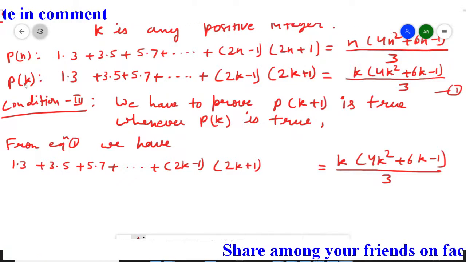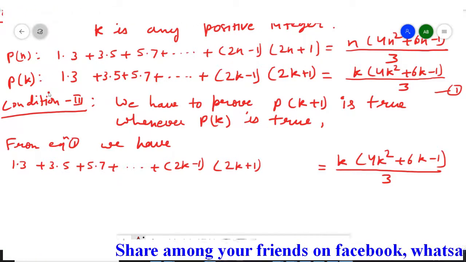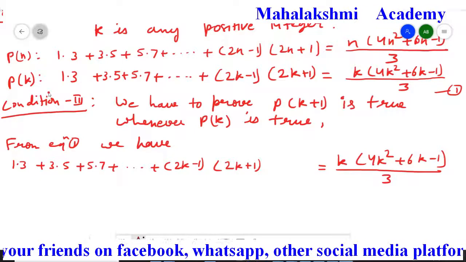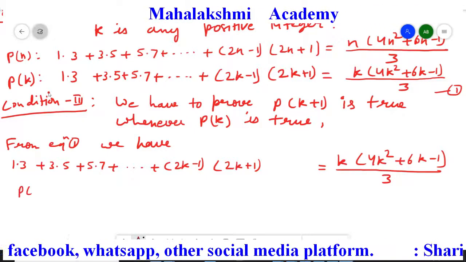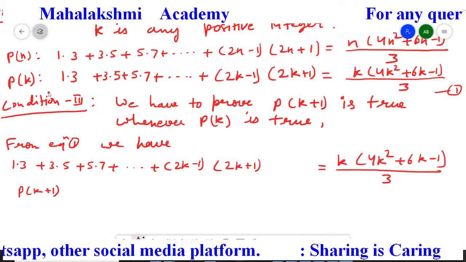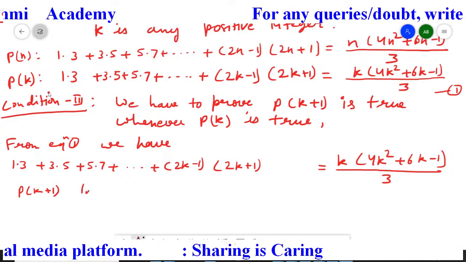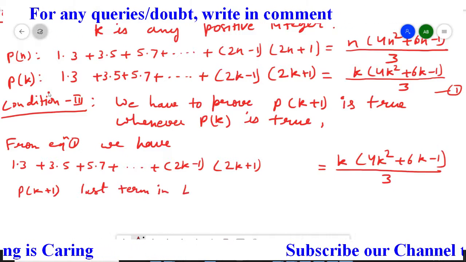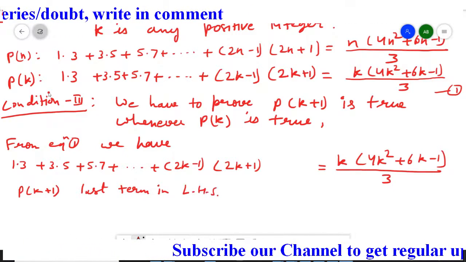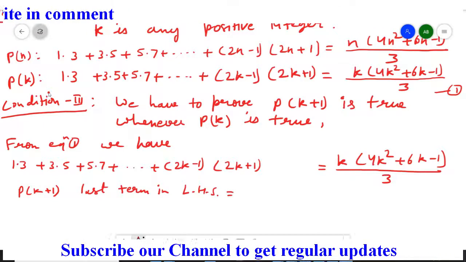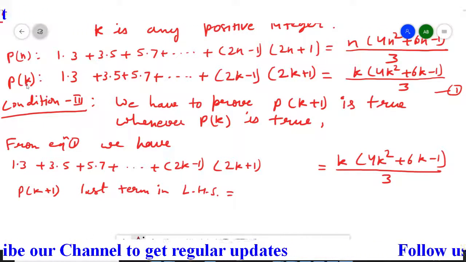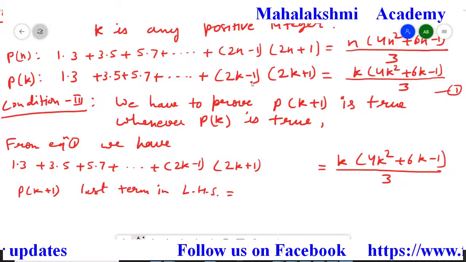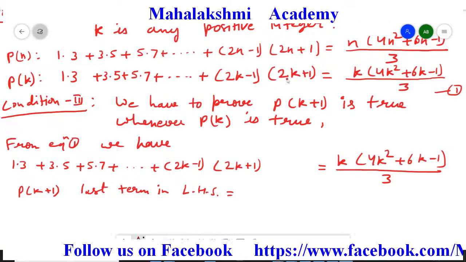So this is roughly what I'm explaining first, then I will write it here. If we have Pk plus 1, what is going to be the last term in the left hand side? We have to think that. Like here, if we have k, the last term in the left hand side is (2k minus 1)(2k plus 1).